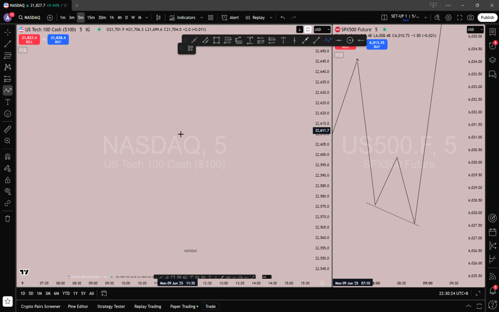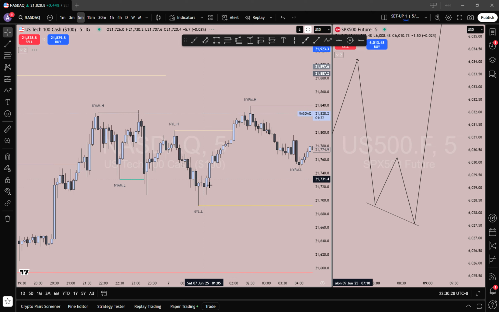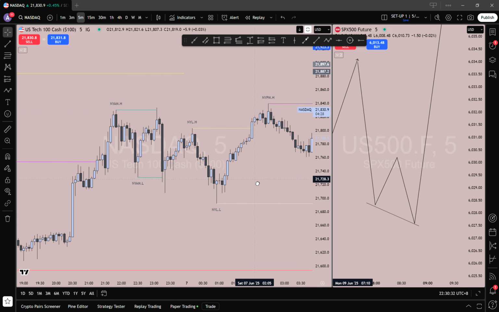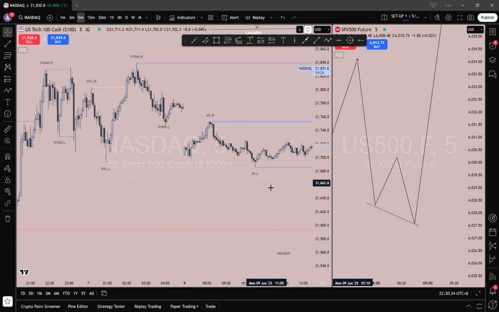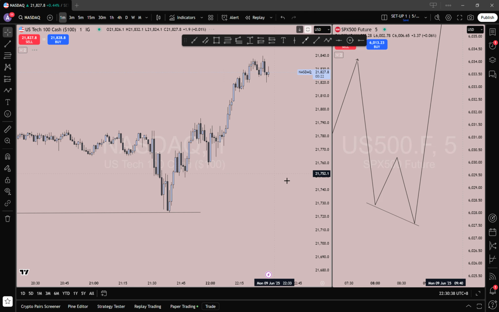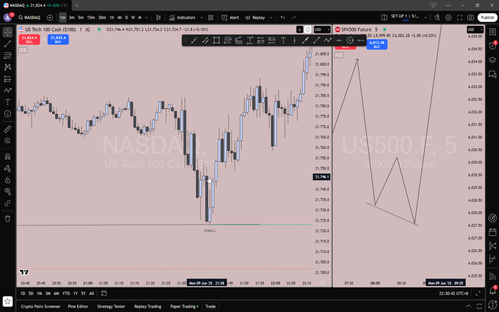So basically, let's say, okay, this one I have to find a live example. Let's just use today as an example. CISD basically means, after a series of, I'm going to do a bullish example, after a series of bearish candles, so let's say this is a bearish candle over here.